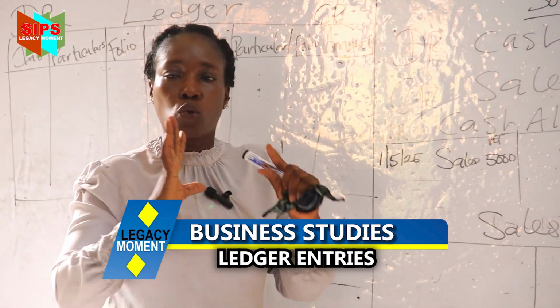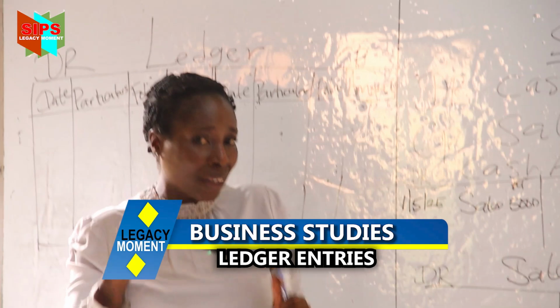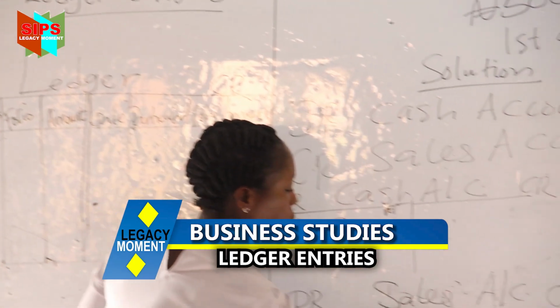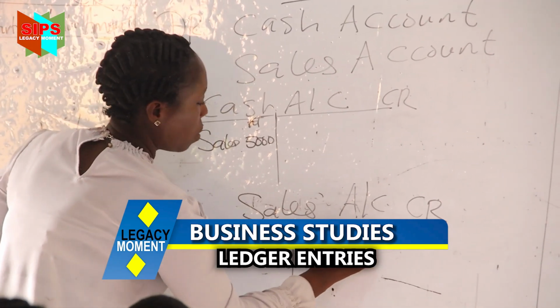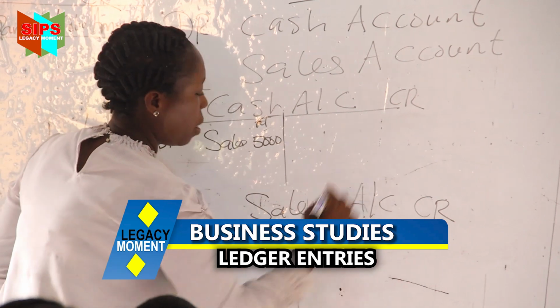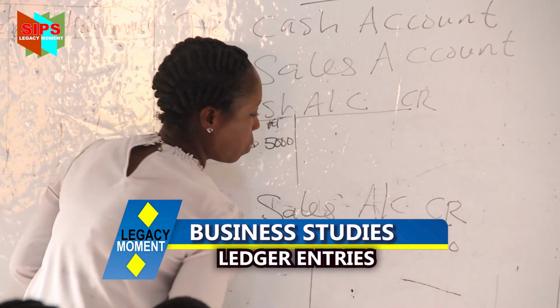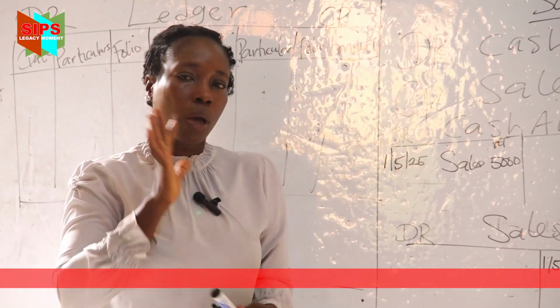You are only doing it to complete the double entry principles that follow ledger entry. So you take the same date, 1st of May 2025. You have cash, then the amount is 5,000 naira.